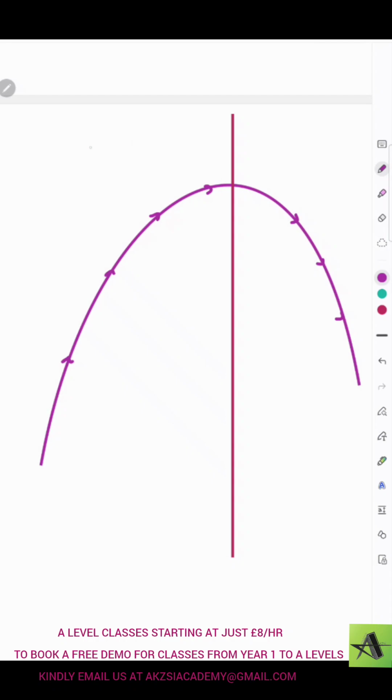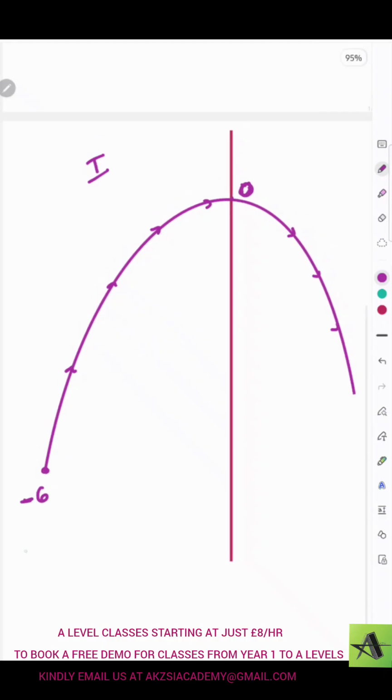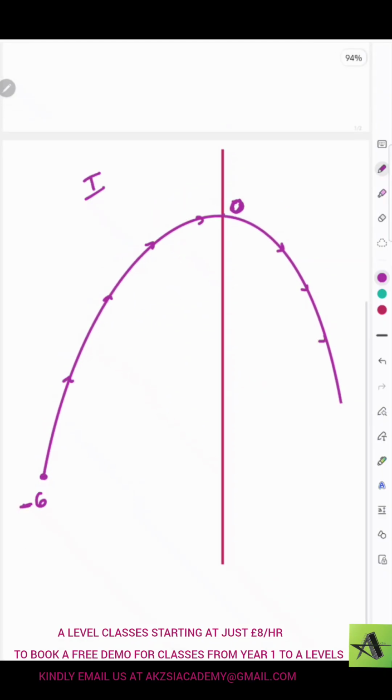So we have to focus on the first part. Here, suppose this is 6 and this is 0, so negative 6. So from x equals -6 to 0, it's increasing continuously, and from 0 to, let's say, 3, it's decreasing continuously.